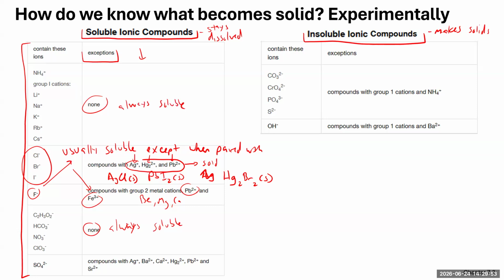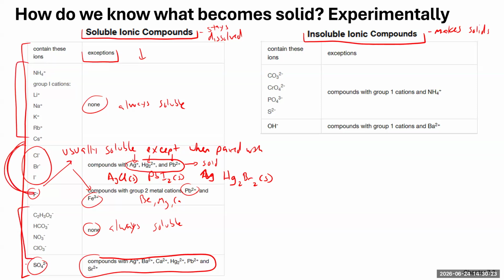All right. Another exception is sulfate. Sulfate's usually soluble except when it gets paired up with these guys. Silver, barium, calcium. This is mercury 1, lead 2, strontium. Right? So again, the table on the left is usually soluble. These ones are always soluble. Always, always. Right?